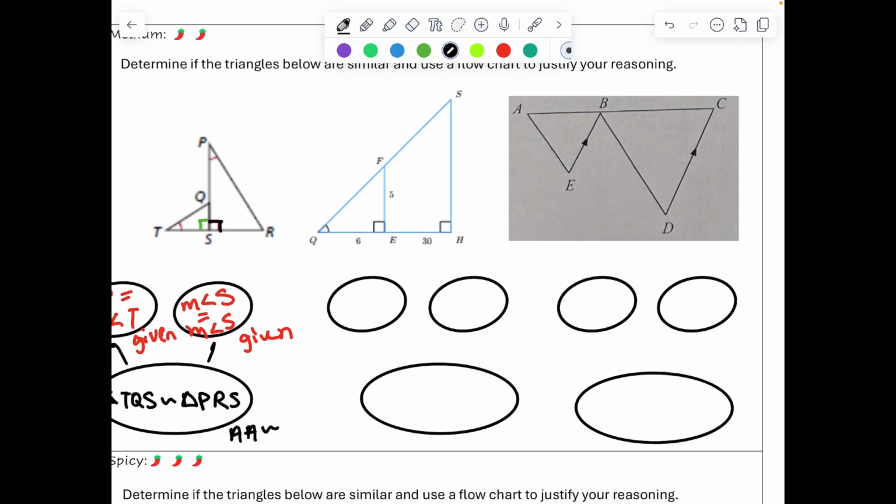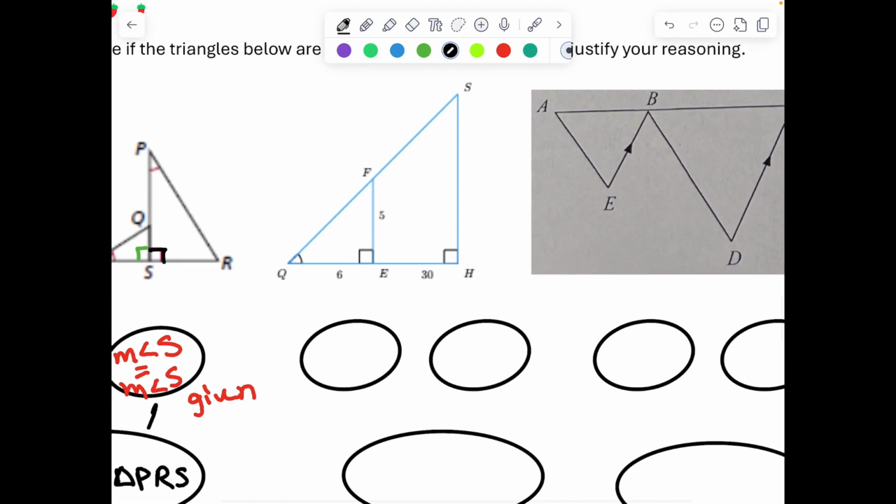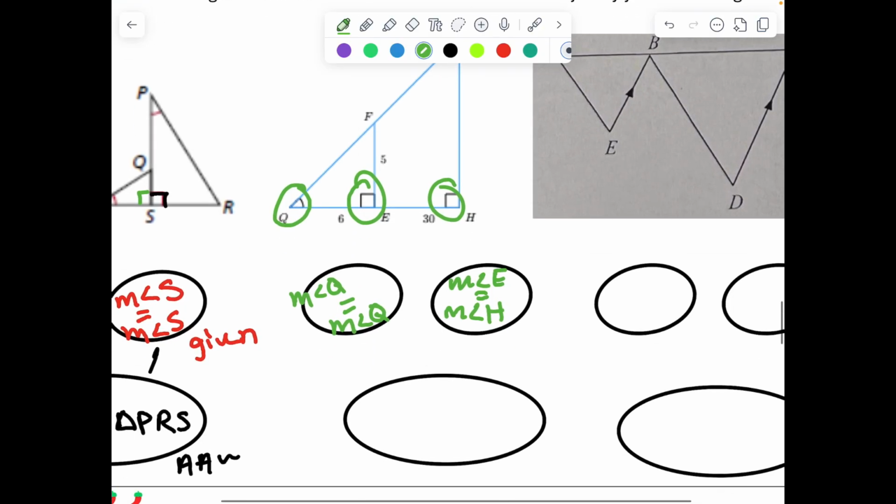Lots of angles here. We've got the right angles. And then this triangle has angle Q, and then the small triangle also has angle Q. So we could say that the measure of angle Q is equal to the measure of angle Q. They both have angle Q. And then the measure of angle E is equal to the measure of angle H. Given, given.